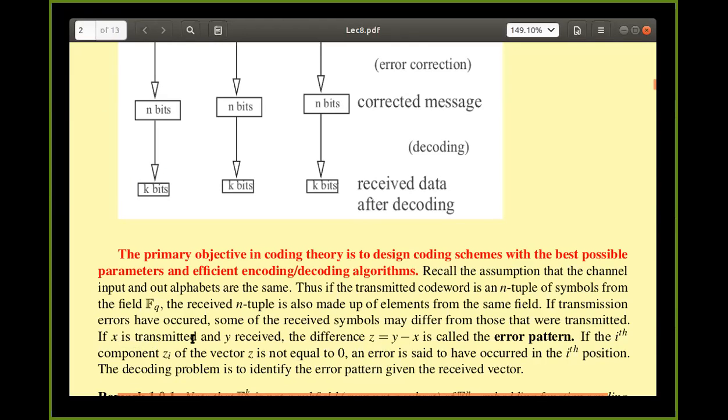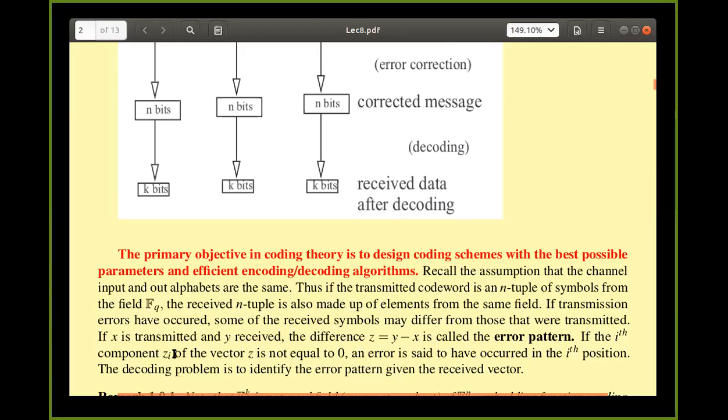If x is transmitted and y is received, both are words, but some symbols have errors. We take the difference, which is possible because received and code words are in the same field.